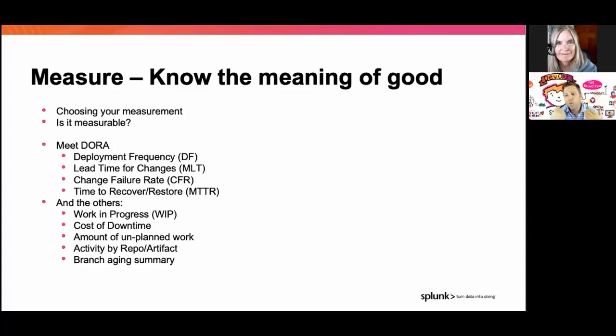Once you've decided what you're going to measure, you have to figure out how you're going to measure it. So I gave you the example of change failure rate and the various ways you can measure it. Some of it's based on having the data. And if you don't have the data, you need to try to get the data. If you do have the data, is it high enough resolution to answer the questions you want to answer? Those two things have to happen every single time.